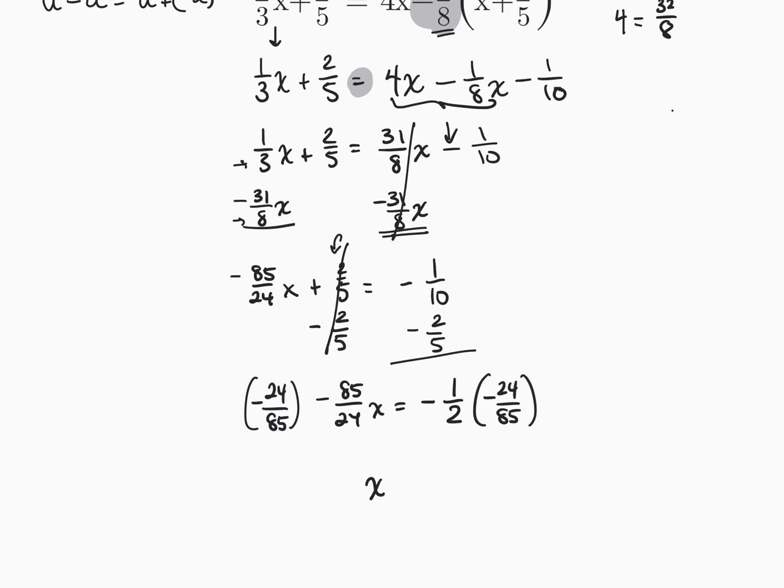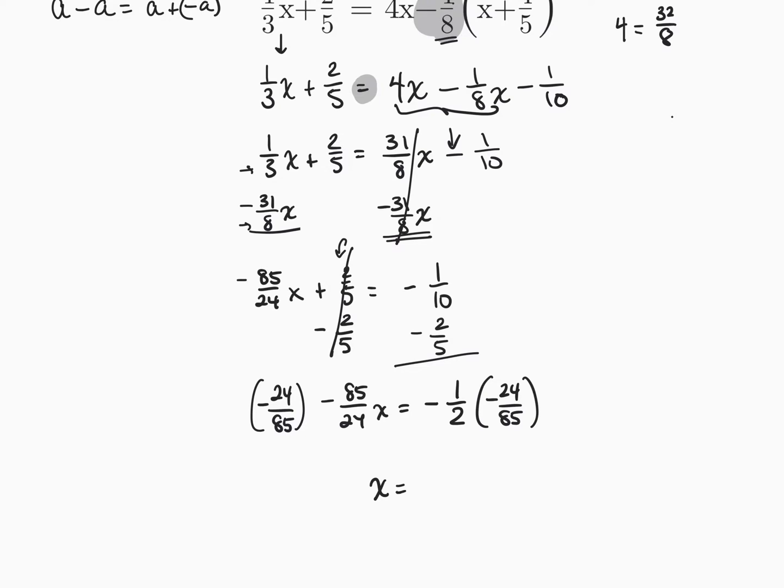And now I'm almost done. The right-hand side reduces to be 1x. So that is now going to be equal to, and now I'm going back to the property of multiplying two fractions. When I multiply these two fractions in my head, off to the right here, I'm looking at this as negative 24 over 2, and 1 over 85.